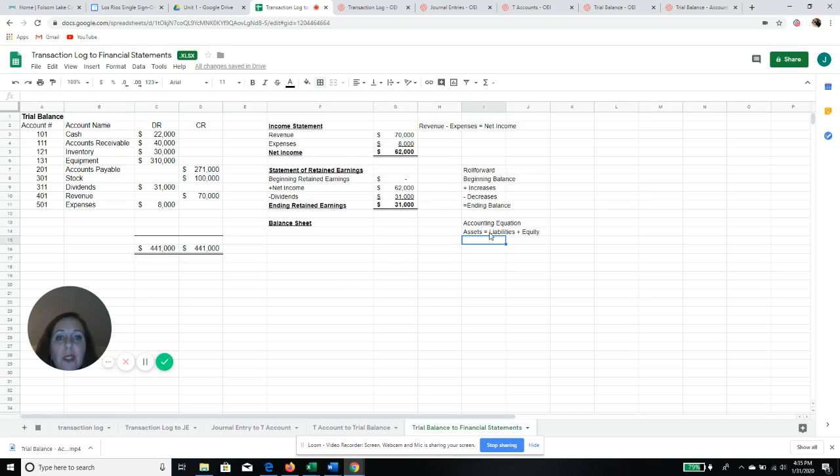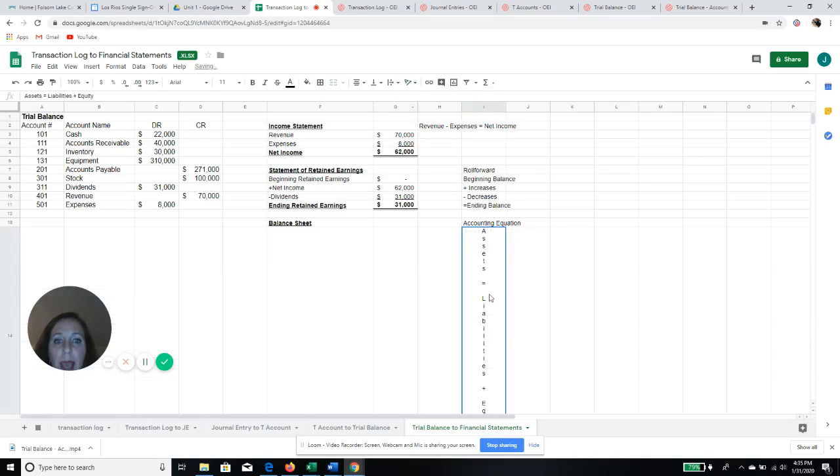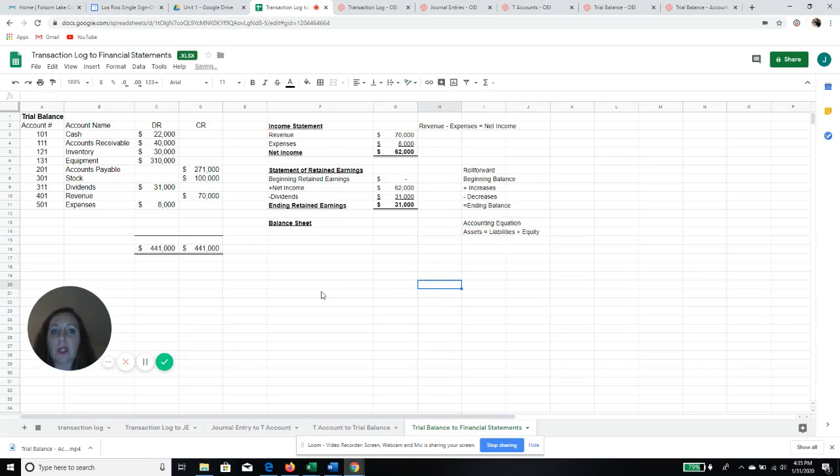So if you can picture this flipped on its side, assets equal liabilities plus equity. I'm going to change that back just so that we're not taking up so much space. But if you can picture it flipped on its side, that's exactly what we're going to do.